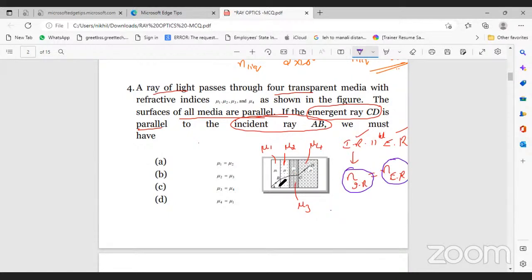Looking at the diagram, the incident medium is mu1 and the emergent medium is mu4. So mu1 is equal to mu4. Which is the right option? Option D.